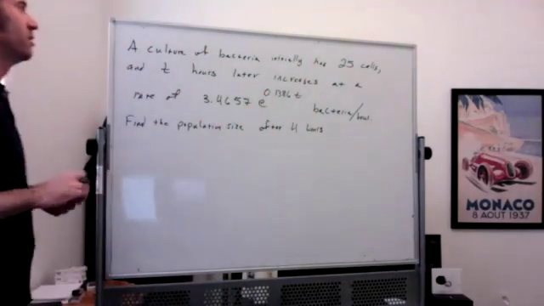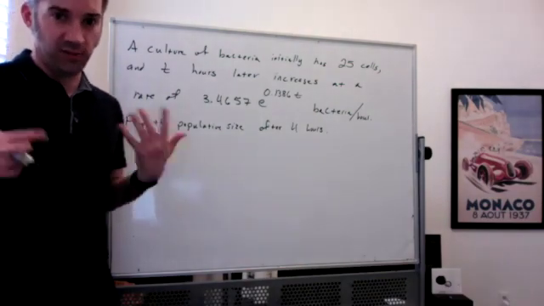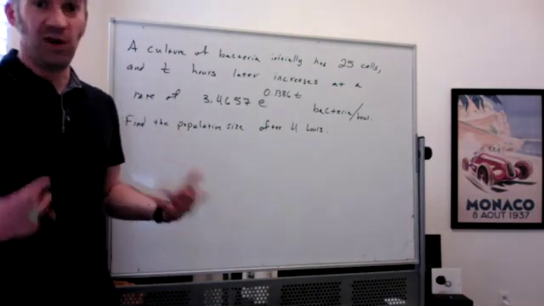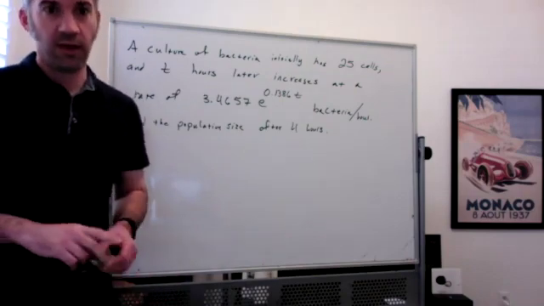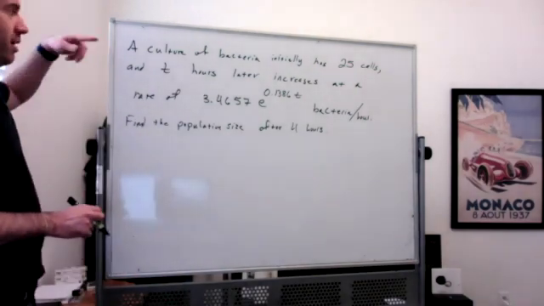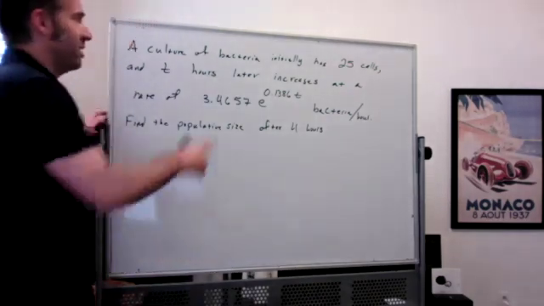Okay, so this is an initial condition differential equation problem, just with a lot of words. So there are two things to be aware of. One, a culture of bacteria initially has 25 cells.